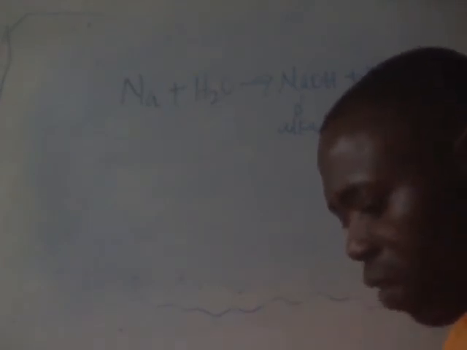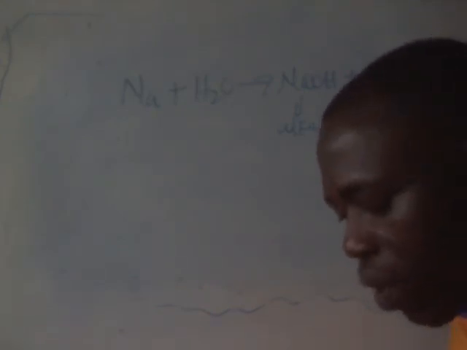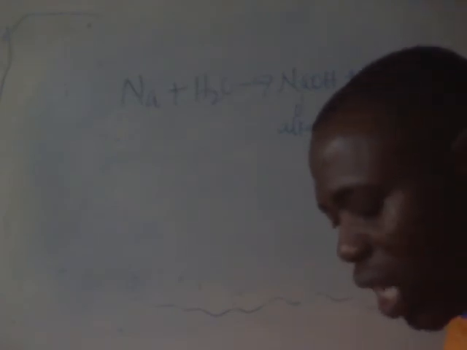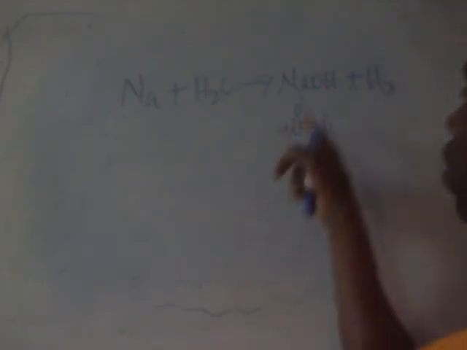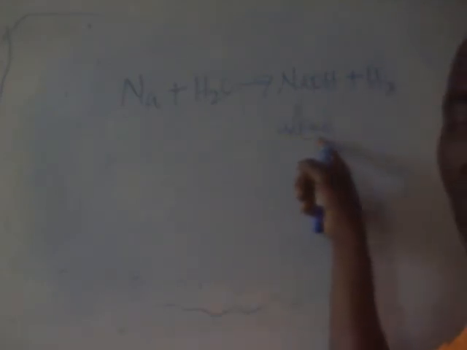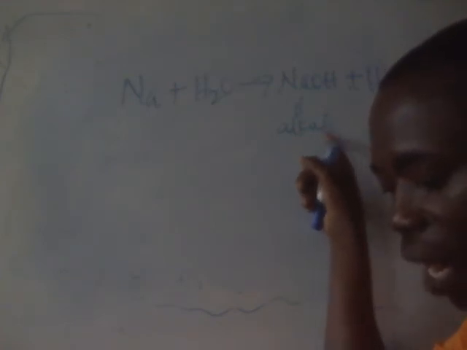Option A, acidic; B, aerosol; C, alkaline; D, emulsion; E, neutral. Sodium hydroxide is alkaline, a soluble base. So our correct option is alkaline, it's not acidic.